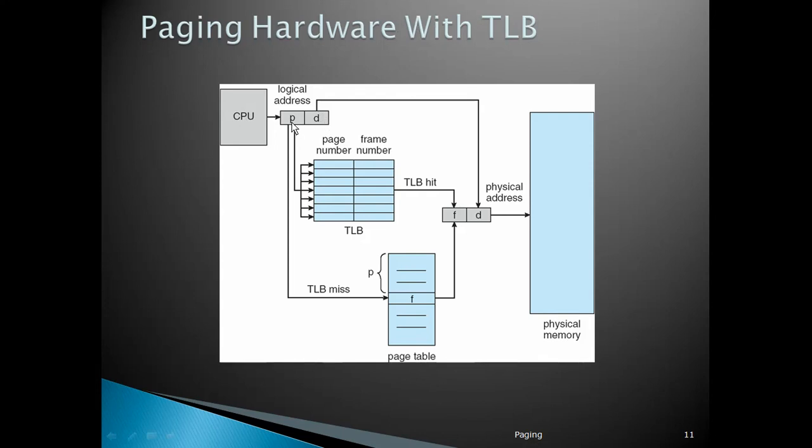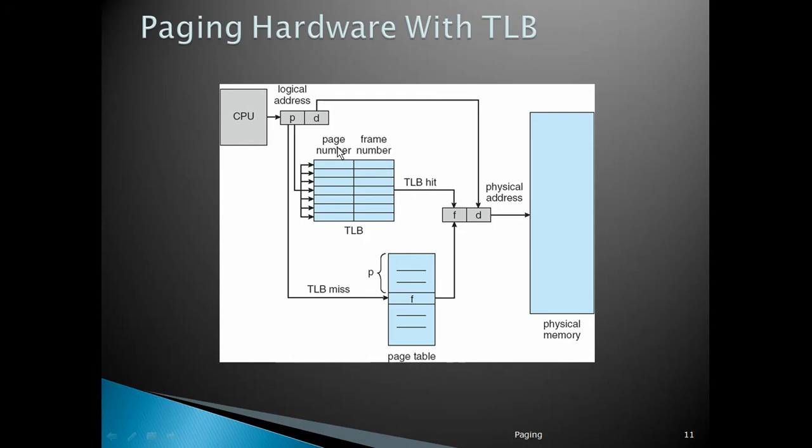Now this page number will be presented to the TLB, which will search for the matching entry of the key. That is, it will search for the present page number. If a match is found, then it returns the corresponding frame number, and that frame number is added with the displacement field in the logical address to get the physical address.